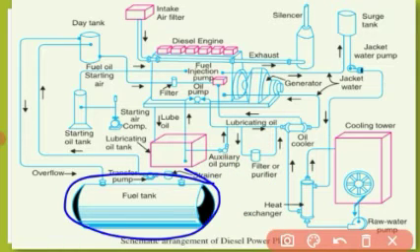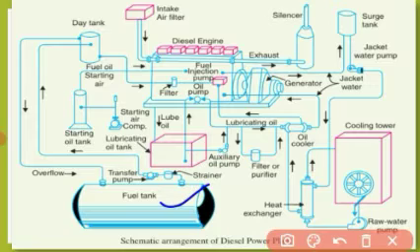Here I am discussing this point, the fuel supply system. It consists of a storage tank, strainers, fuel transfer pump, and all-day fuel tank. So this is one day tank.